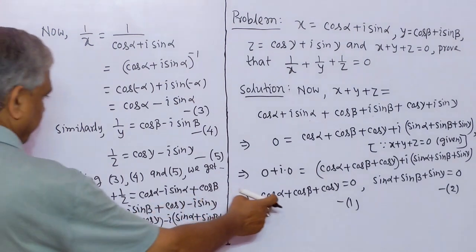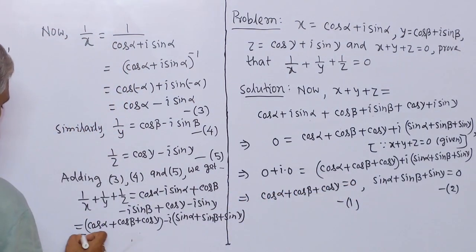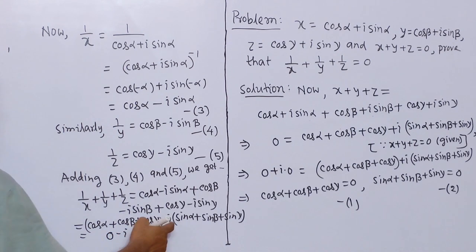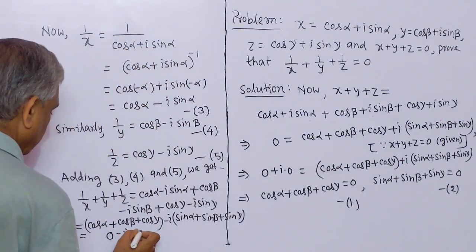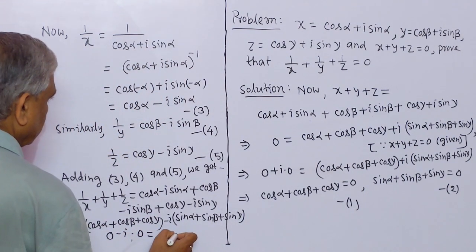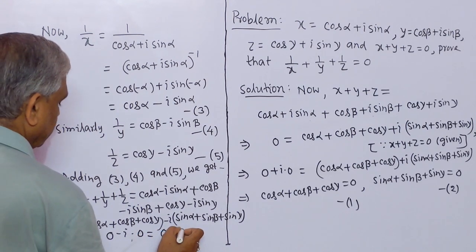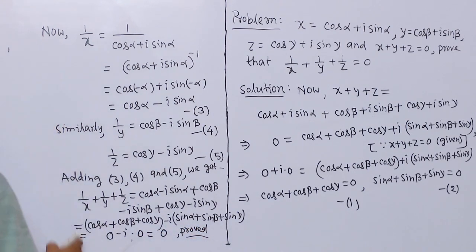Since cos alpha plus cos beta plus cos gamma is 0, this is 0 minus i into sin alpha plus sin beta plus sin gamma, which is 0. So this is 0. So proved: 1 by x plus 1 by y plus 1 by z equal to 0.